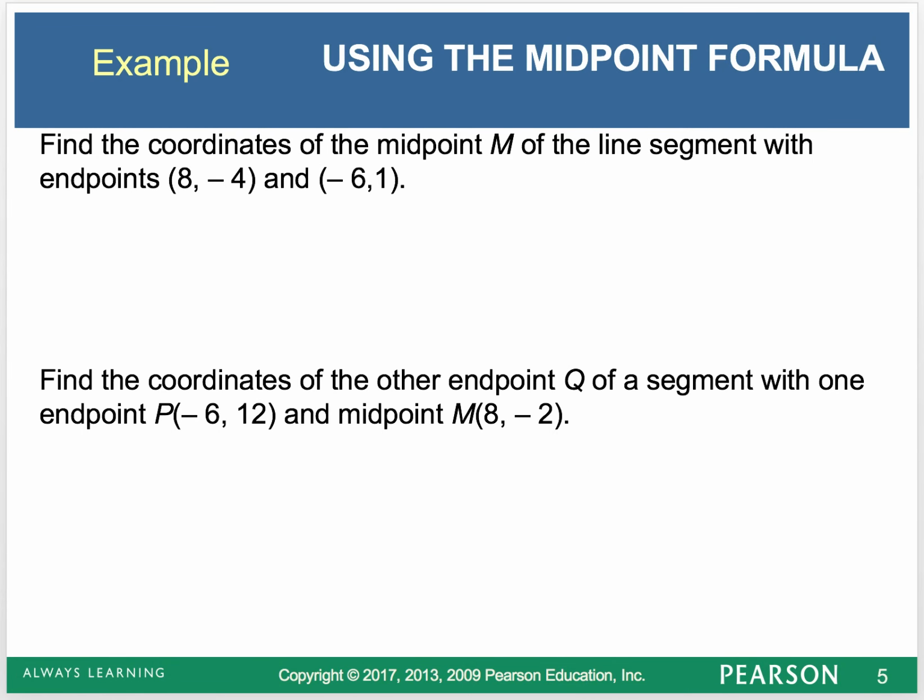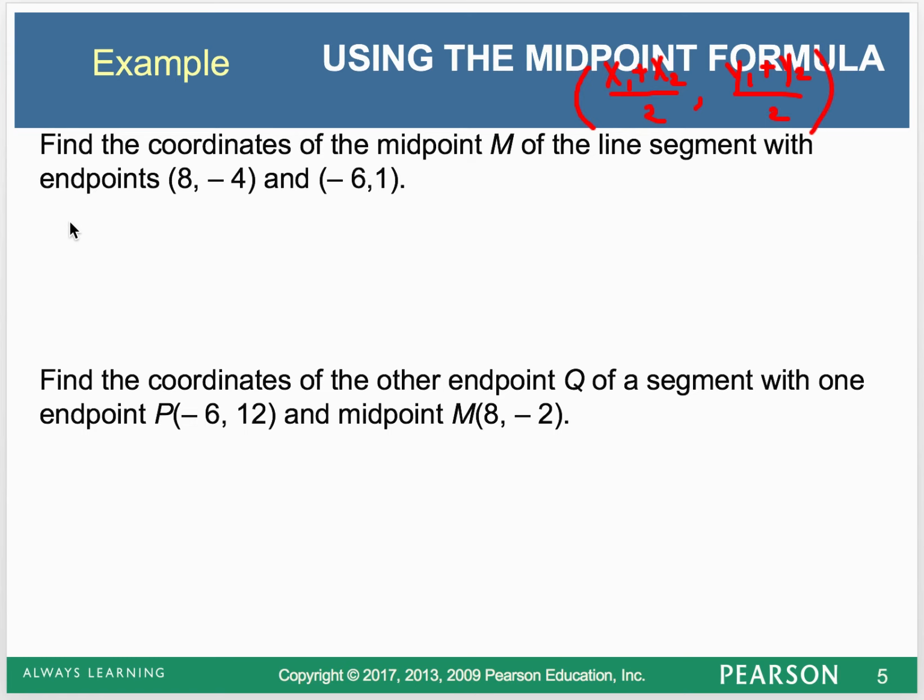So let's try that then. All right, so let's put that midpoint formula up here for us. You just add the 2 x coordinates, add the 2 y coordinates, divide each by 2.